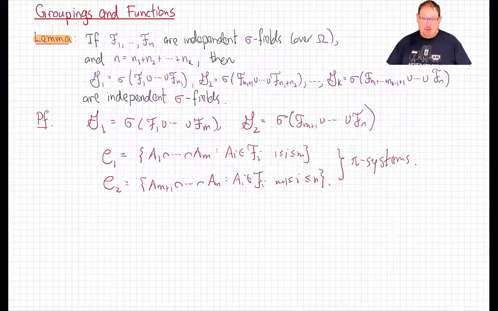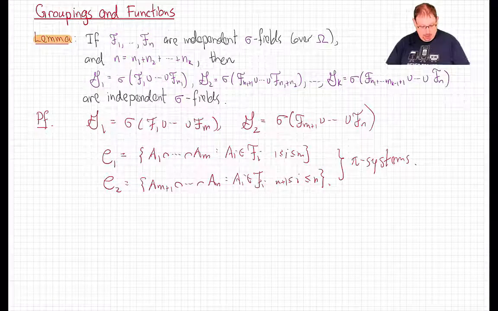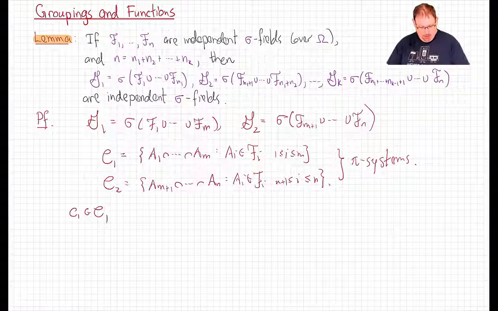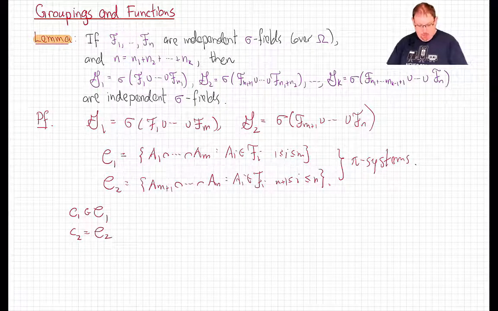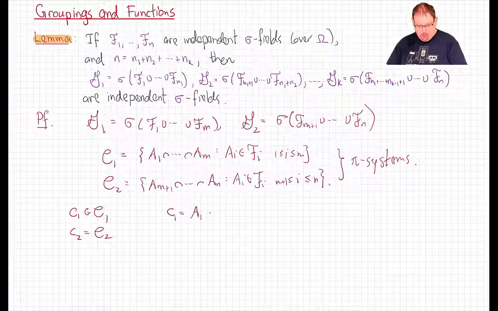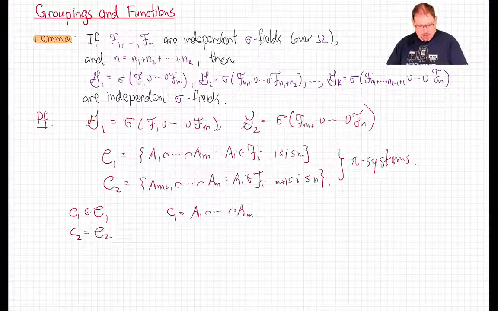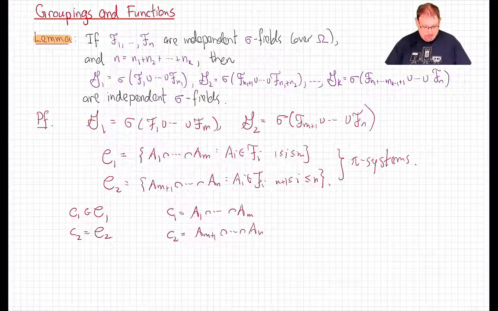They are also independent. Why is that? Well, let's take a C1 in scripty C1 and a C2 in scripty C2. Well, that means that we can write C1 as the intersection A1 up to Am, and we can write C2 as the intersection Am+1 up to An.